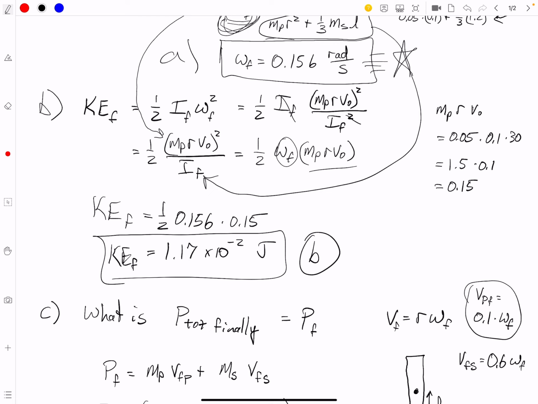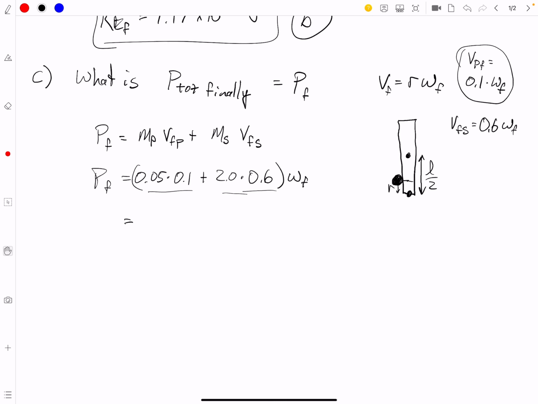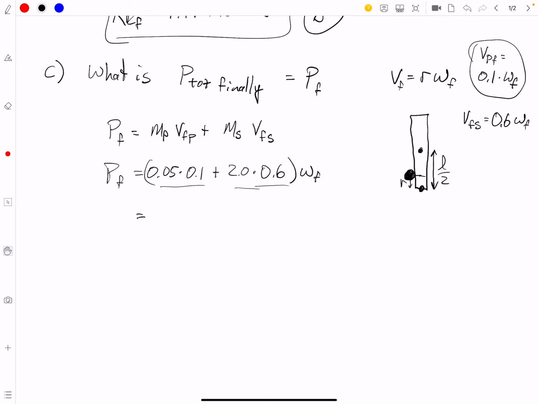That is omega F. We'll go back down, and we'll finish it off with a flurry. 0.005 plus 2 times 0.6 is 1.2. And we're going to multiply both of those by 0.156.